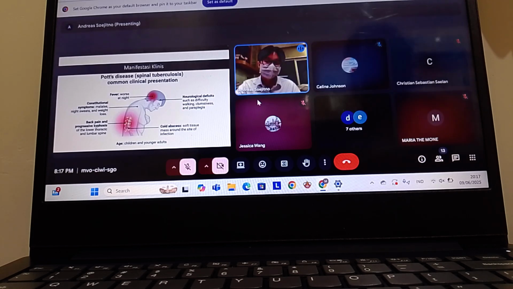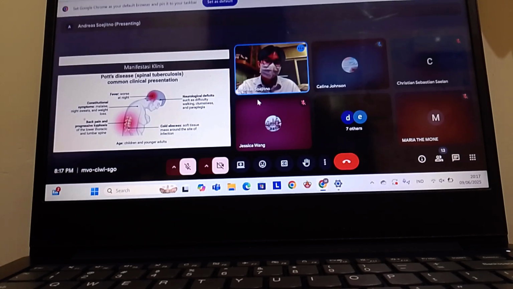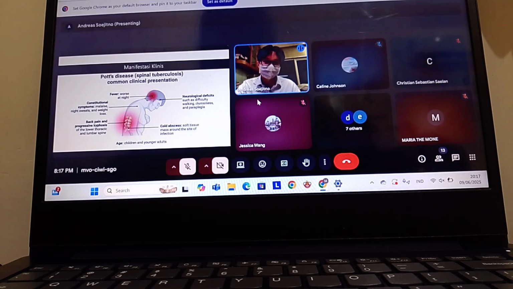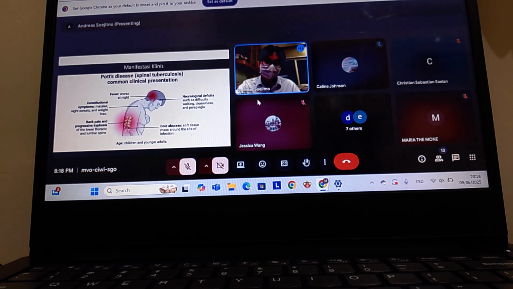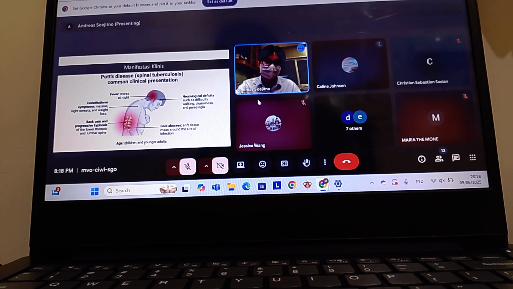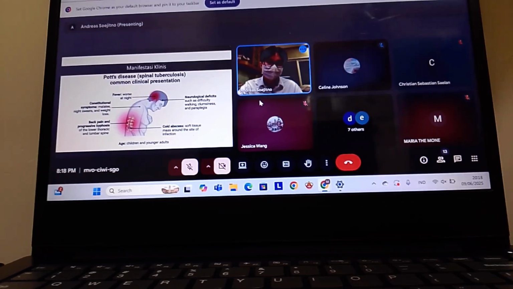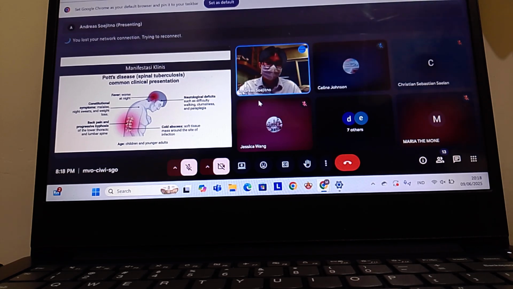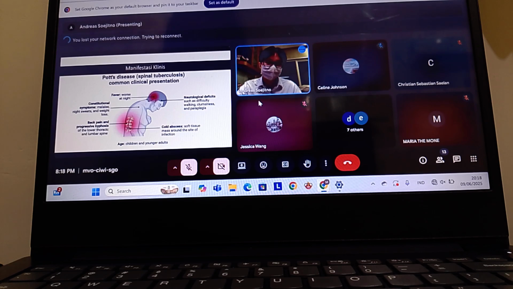Plus, if it affects the spine, we can expect problems like back pain, kyphosis, and fracture of the bone. Once it disintegrates and causes compression of the spinal cord, we can also expect neurological deficits like paraplegia, spasticity, walking problems, clumsiness, and spasm, everything related to the infection.